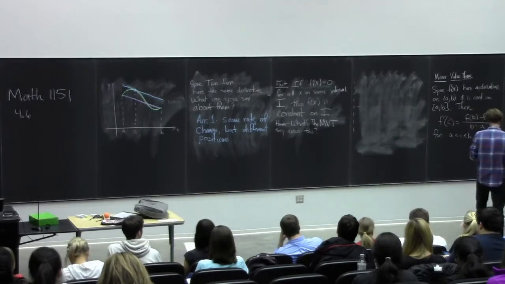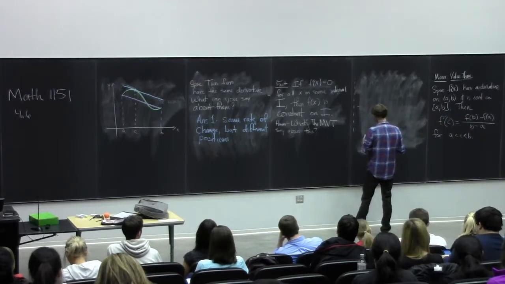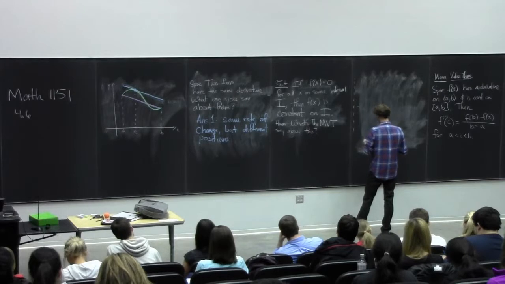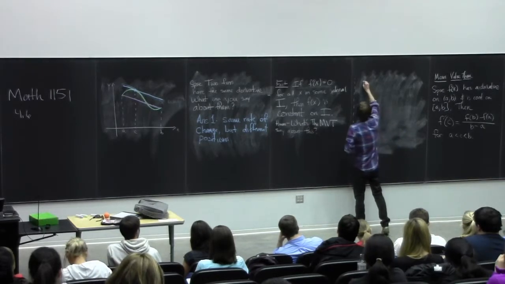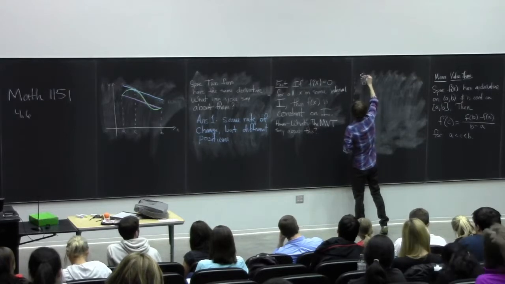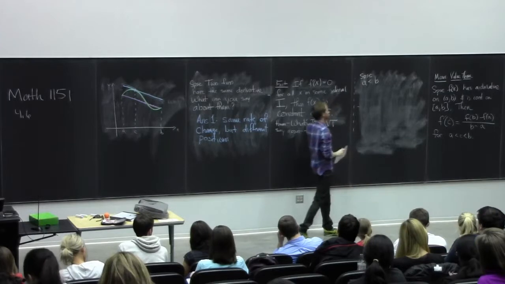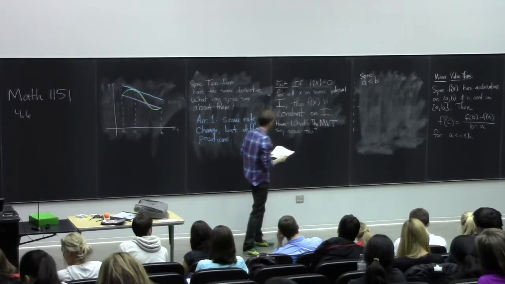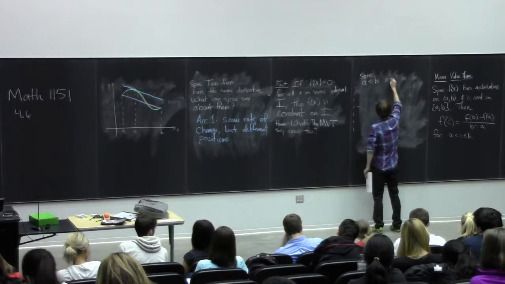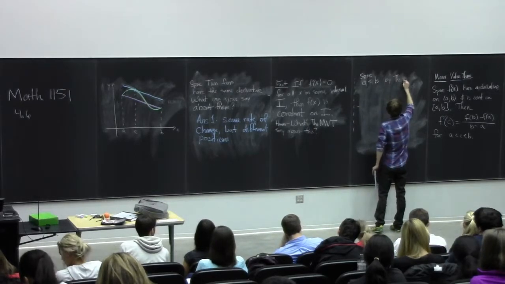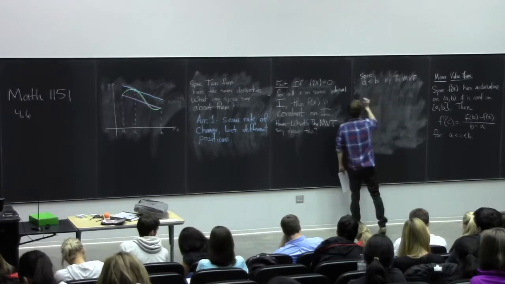Let's see. So suppose a is less than b. Okay, whatever. a is less than b. By the MVT, what do we have?